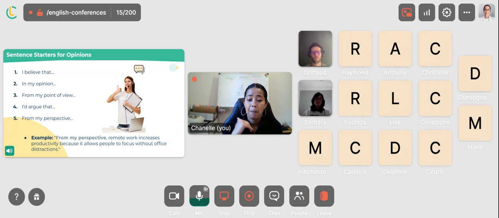For example, from my perspective, remote work increases productivity because it allows people to focus without office distractions.